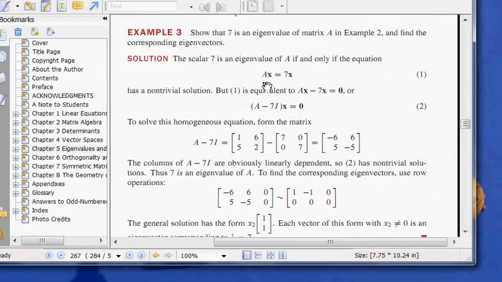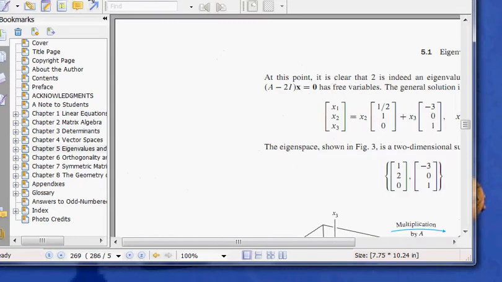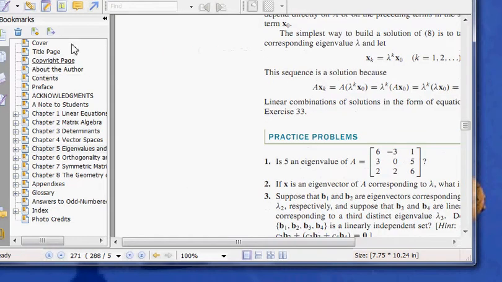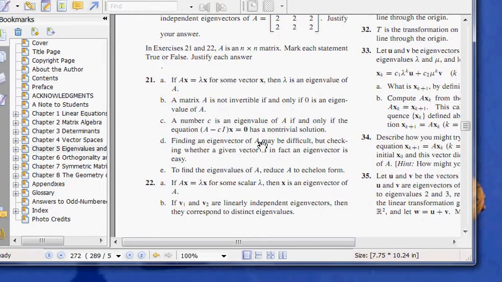Ax equals 7x, so (A minus 7I)x equals 0. You form the augmented matrix and you get the solution of the form x1 times (1, 1). What the multiple choice was saying is to find the eigenvalues of A, reduce A to echelon form. No, you want to reduce this to reduced echelon form. So that's false. Let's move on.